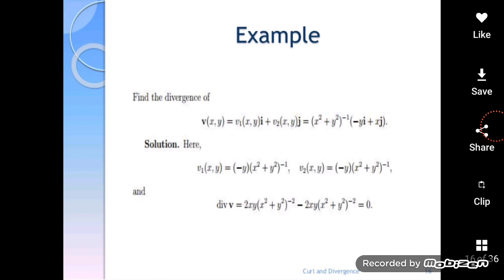Then by taking the divergence we have 2xy times x square plus y square to the power minus 2, minus 2xy times x square plus y square to the power minus 2, equal to 0.